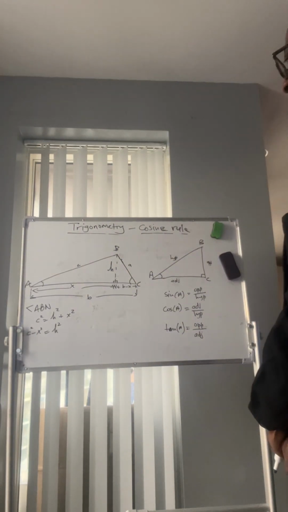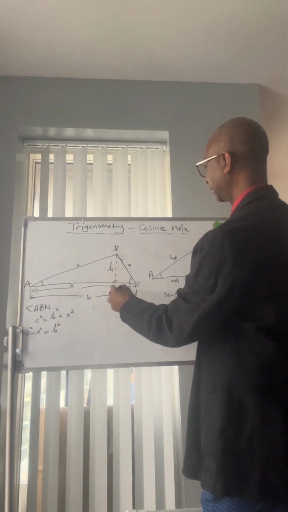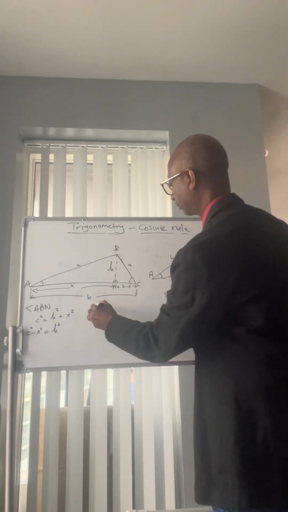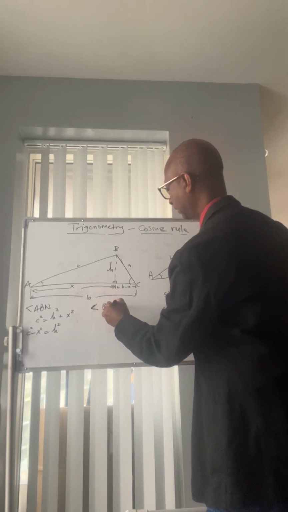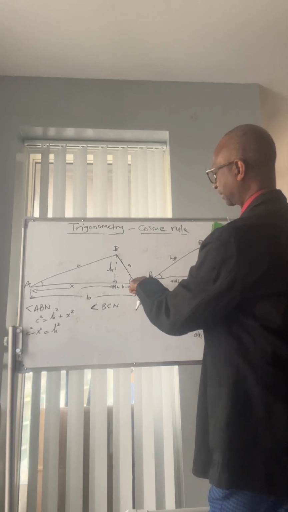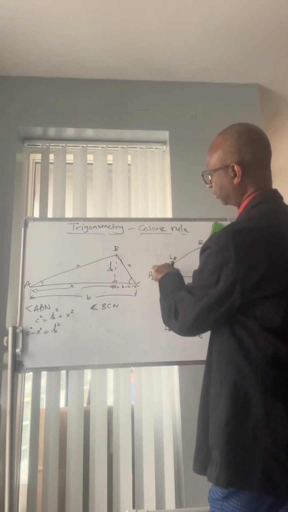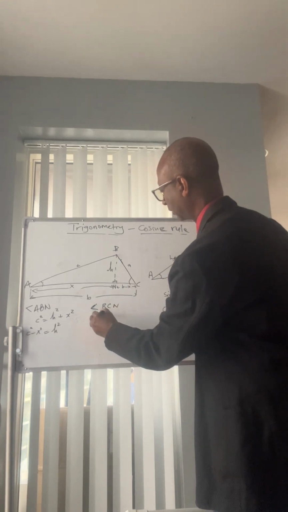Let's stop there. Again, let's look at triangle BCN. Looking at it, you have the hypotenuse, which is A, so a squared.